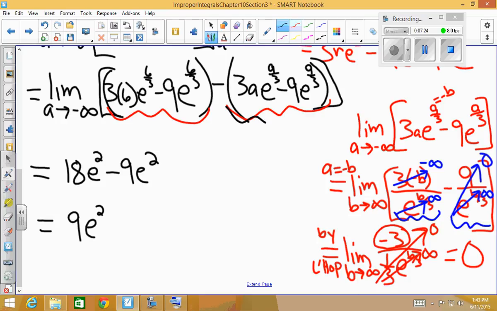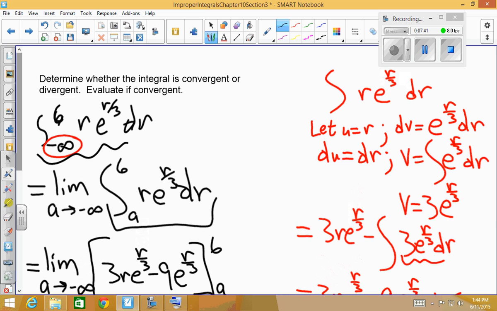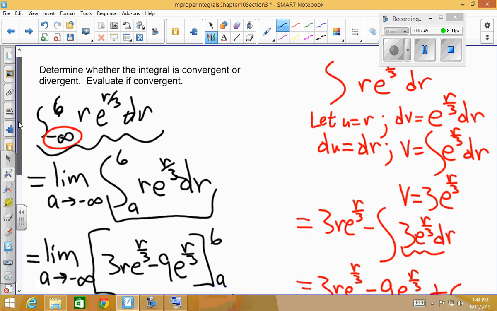Well, that took us a long ways, but we ended up with that second term being equal to 0. So in the end, our limit is equal to 9e squared, which is a perfectly fine number. This tells us that our integral that we started with, from negative infinity to 6, r e to the r over 3 dr, converges.